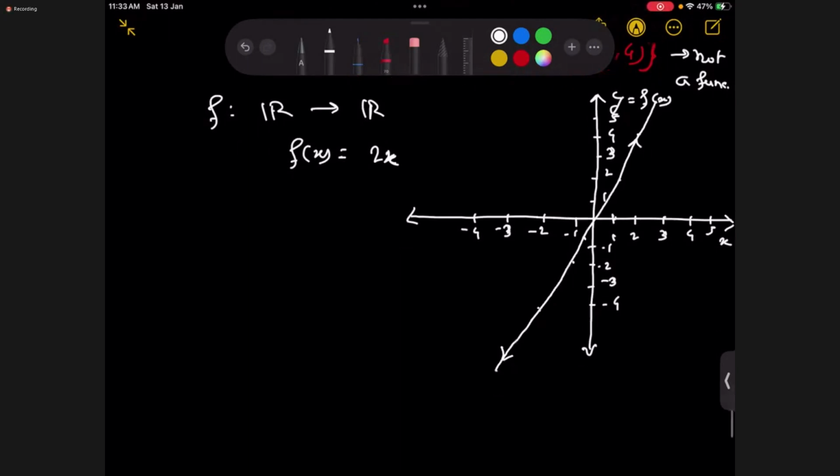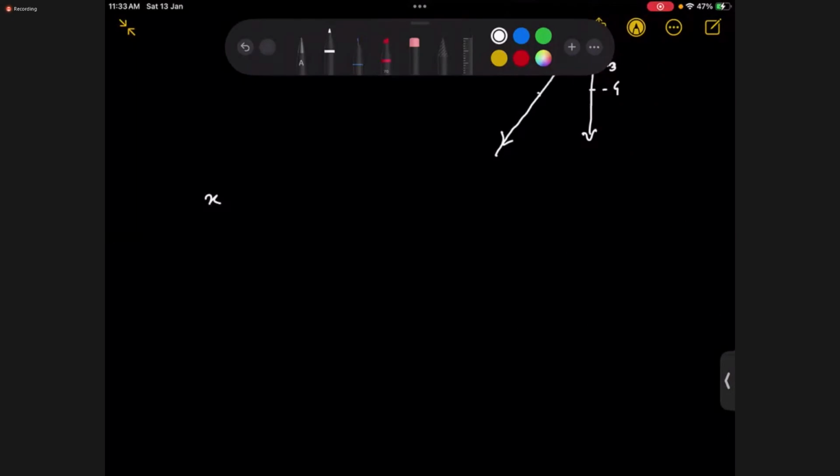Now what about the function g? g goes from R to R such that g of x equals x plus 1.